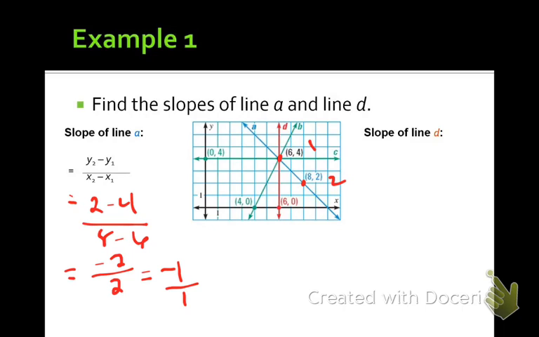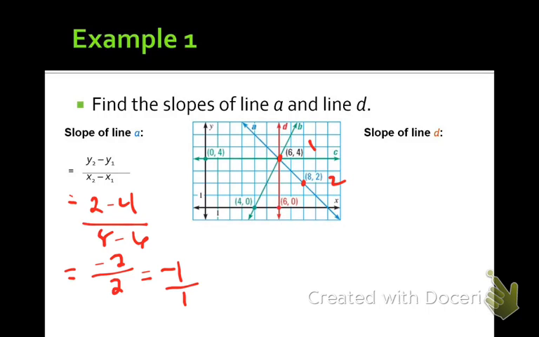Don't have to, but I think it's useful if slope stays as a fraction. Does it matter which way you write it? What do you mean? Because I did 4 minus 2 over 6 minus 8, and I still got it right. If you made the top point your second point and the bottom one your first point, that's fine. As long as you go the same way for your y's and your x's, it doesn't matter.